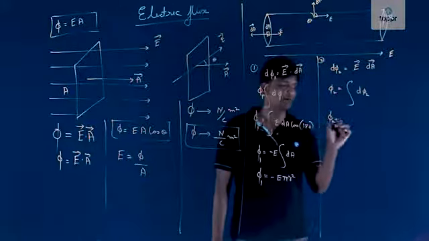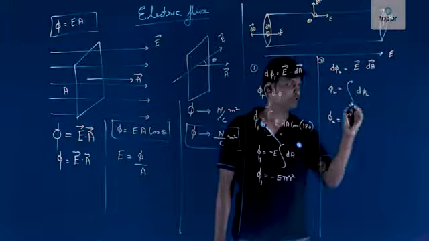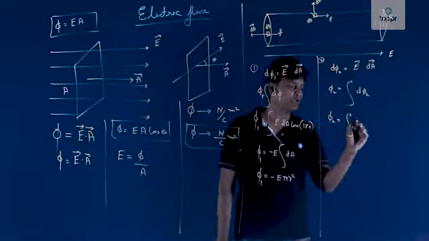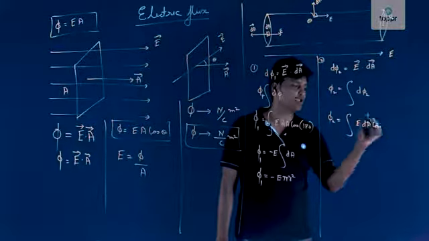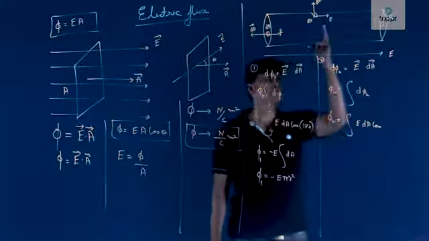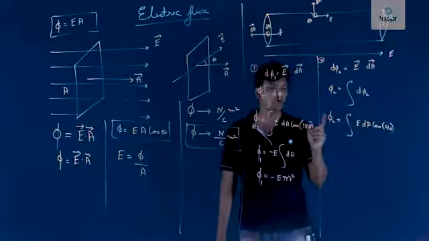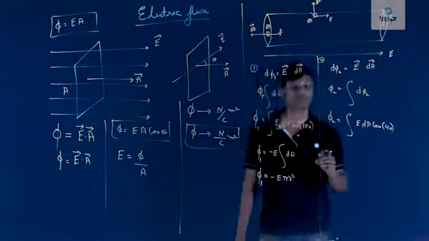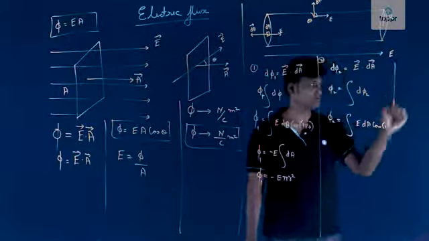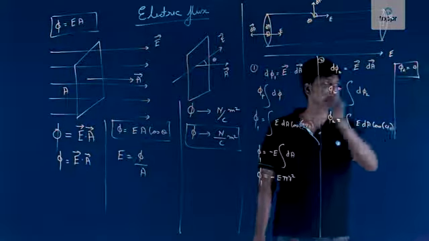So d phi 2 is magnitude of E into magnitude of dA into cos, what is the angle between them? 90 degrees. Cos 90. So if it is cos 90, what is phi 2? Phi 2 is equal to 0.